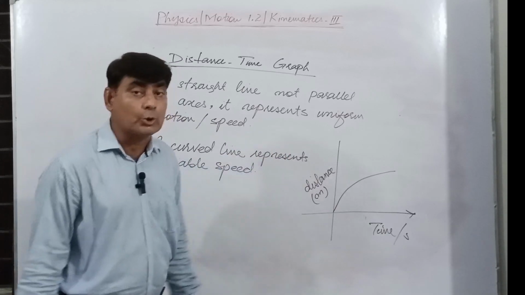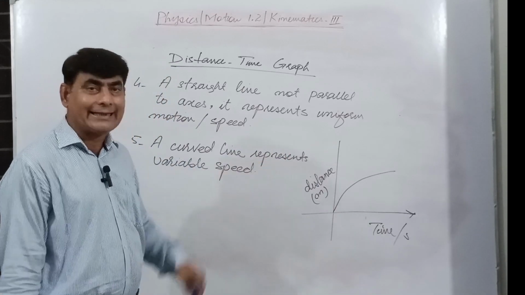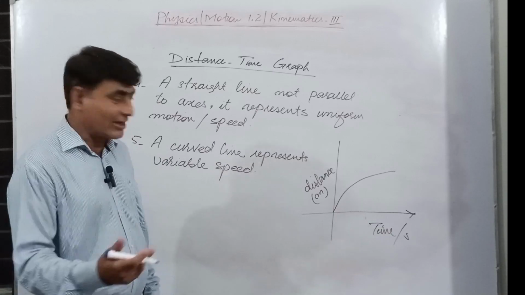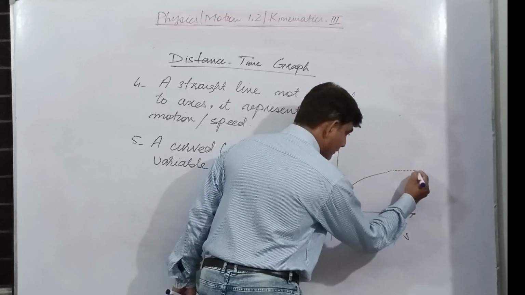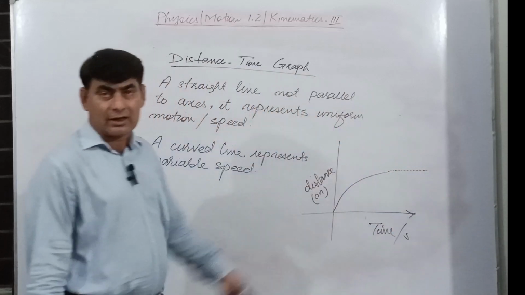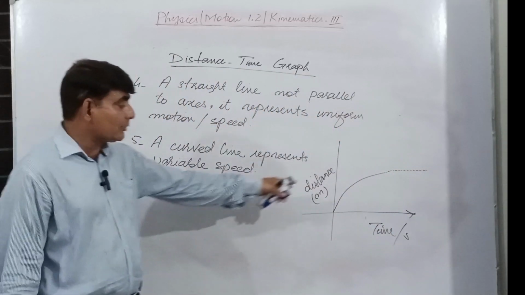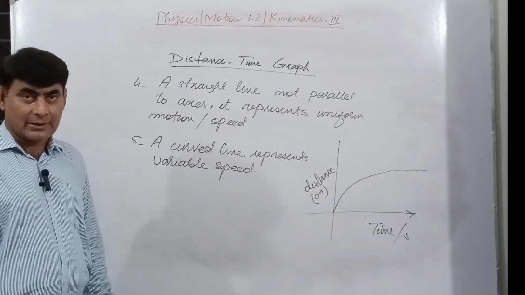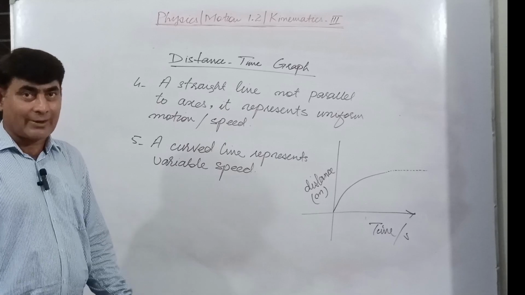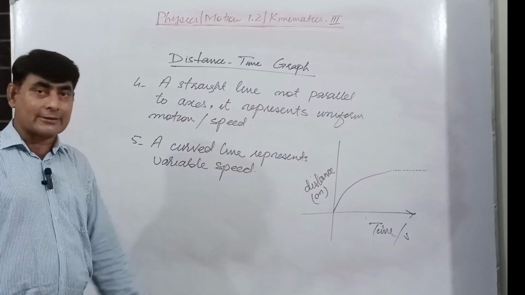Okay, it is going to be parallel, this line going to be parallel to x-axis. So if a line is going to be parallel to x-axis, it shows decreasing speed, decreasing motion, right? Decreasing speed or decreasing motion.